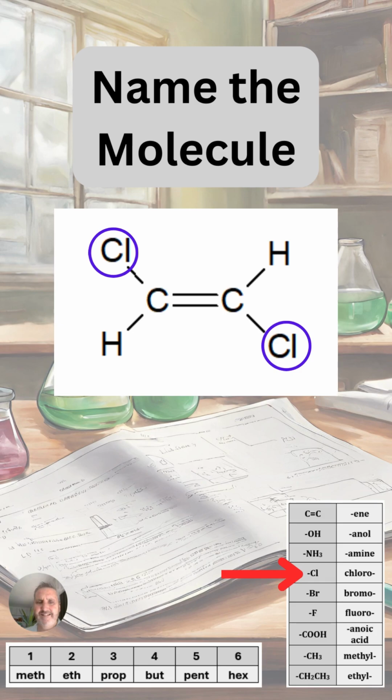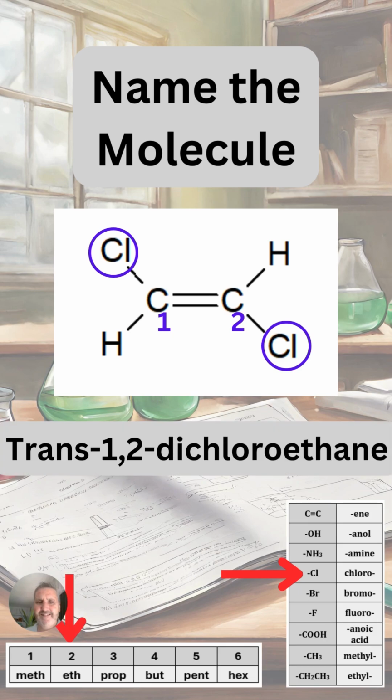We can see because the carbons have a double bond, and off each carbon there are 2 different substituents, a chlorine and a hydrogen off the first carbon and a chlorine and a hydrogen off the second, then this can exist as geometric isomers, and this does exist as the trans geometric isomer. So this molecule is going to be called trans-1,2-dichloroethene.